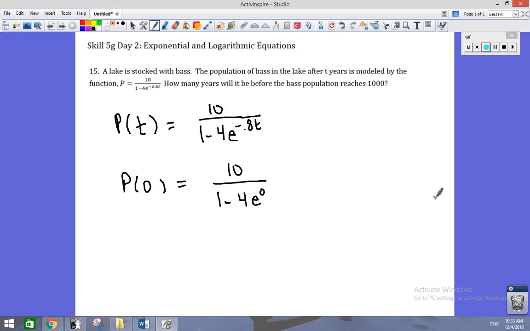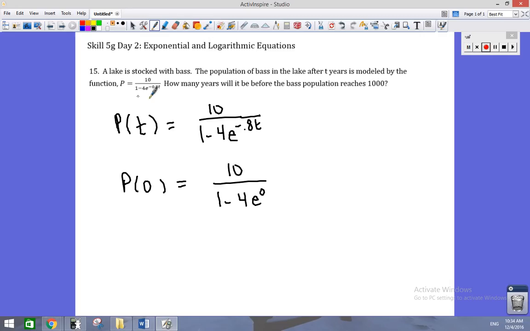So this sometimes happens, that the model may not be very good at the very beginning, or after so many years. There'll be a limiting factor, where there's only so much food and only so much room in the lake, and the lake can only support so much life. It doesn't just keep growing without bound forever.